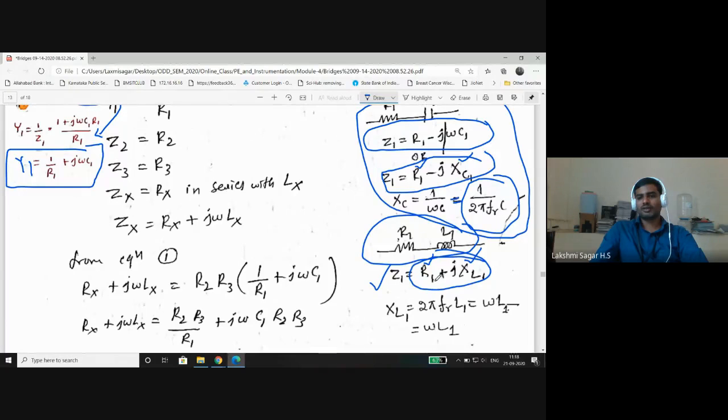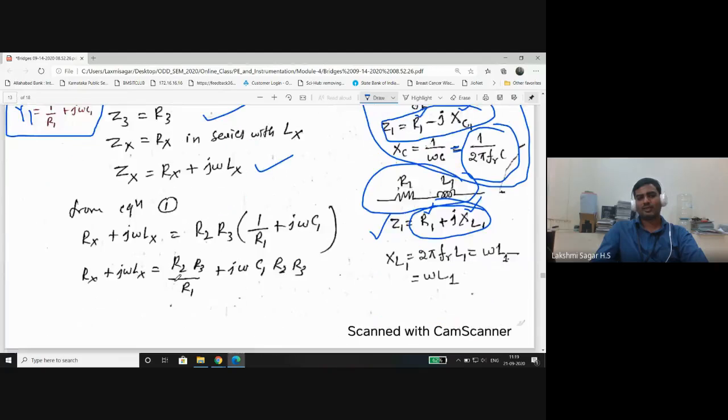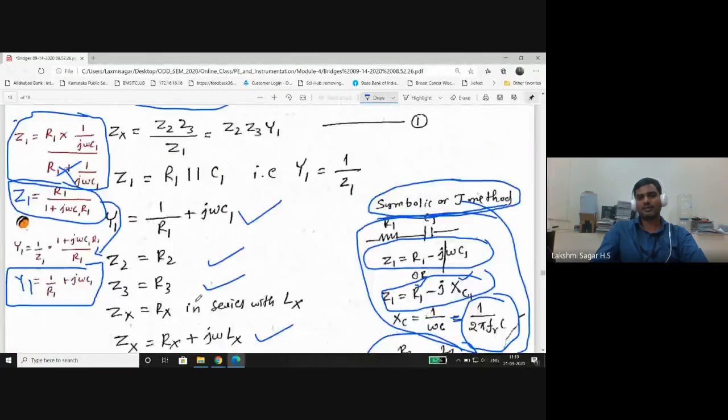So you can write it as R1 plus jXL1. So Zx is Rx plus j omega Lx. That's all. If you know the equation for this one, you just substitute it in the balance equation.